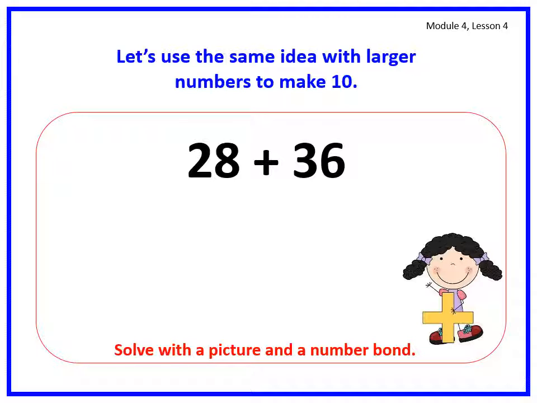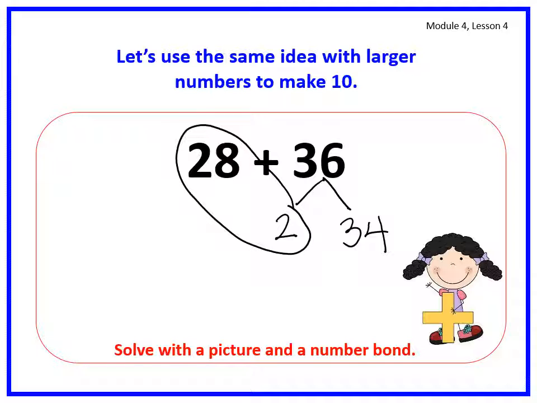So again, 28 plus 36. So the same way I just had that, I had 36 and I broke it into 2 and then 34. That 2 makes the 28 plus 2, 30.